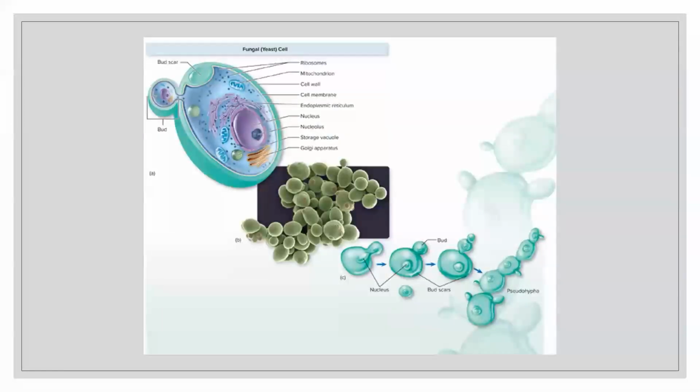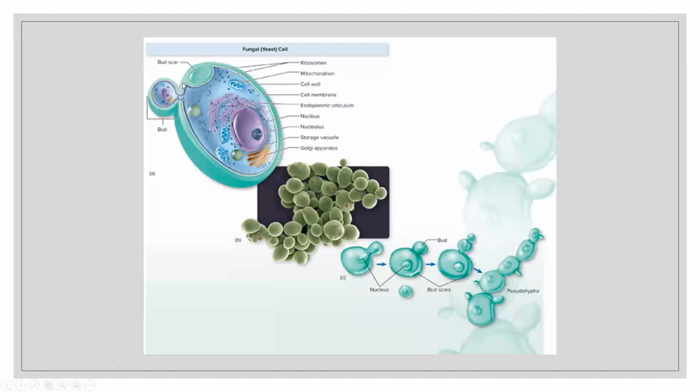So here's some pictures to go with our yeast cells. Looks very similar to what we looked at in the first half of the chapter, the eukaryotic cell having the Golgi apparatus, maybe a vacuole, a nucleus, endoplasmic reticulum. It has all these membrane-bound organelles that you would expect to find. And additionally, you'll see this bud.